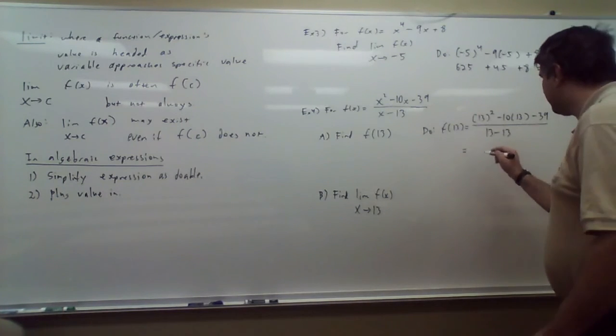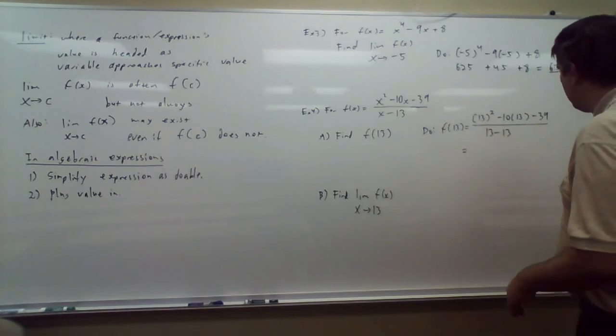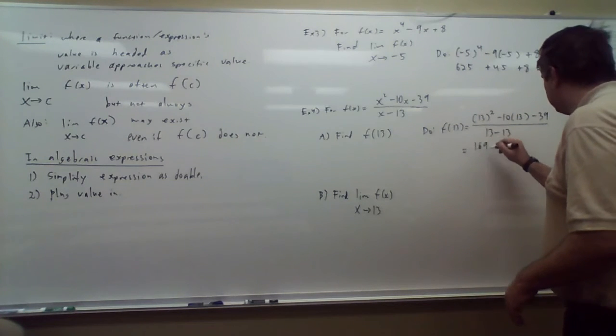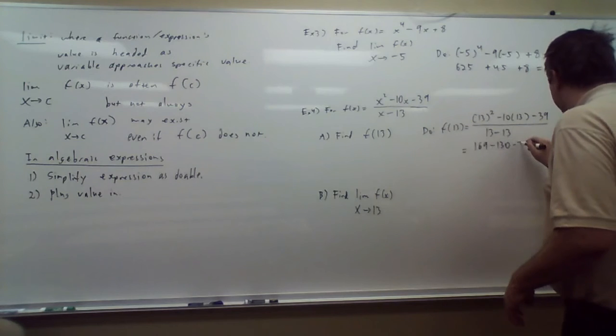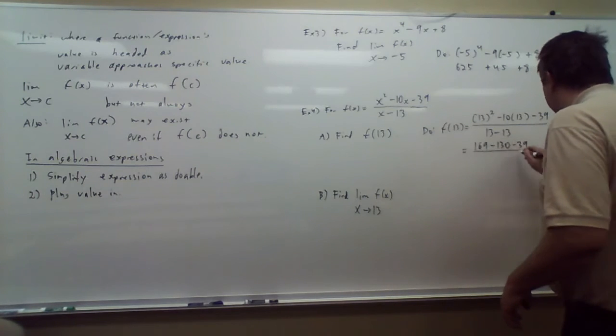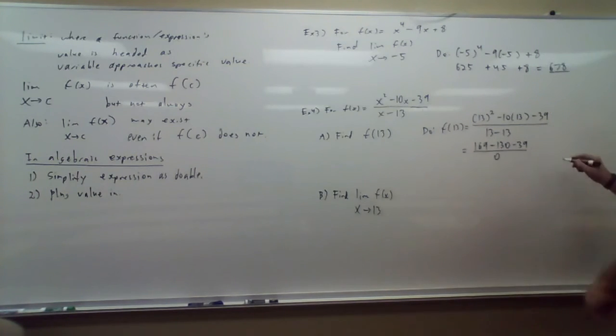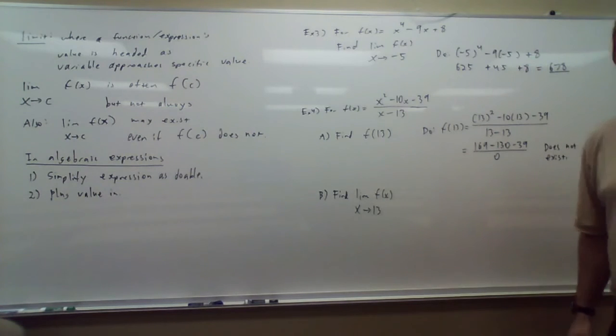You may already see the problem here, but I'll keep going. This is 169 minus 130 minus 39 over 0. This does not exist. Division by 0 does not exist.